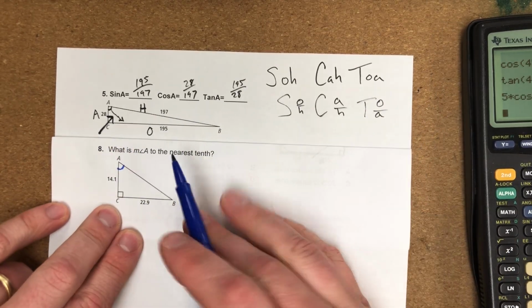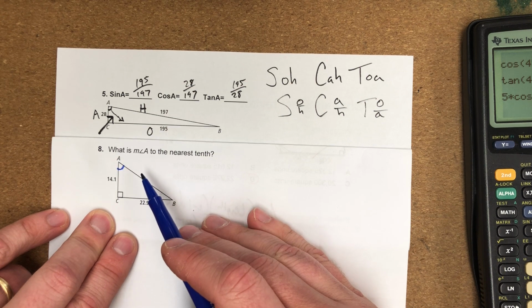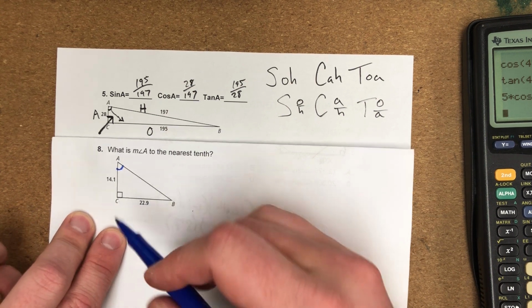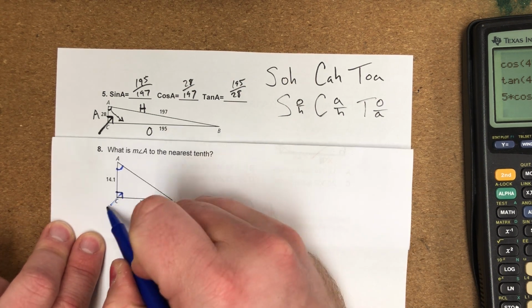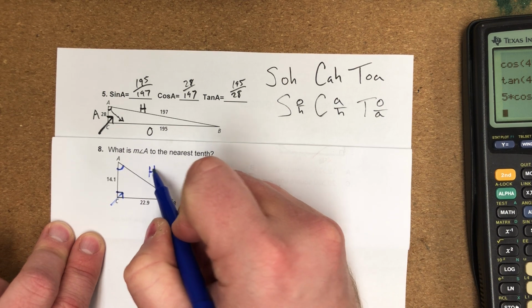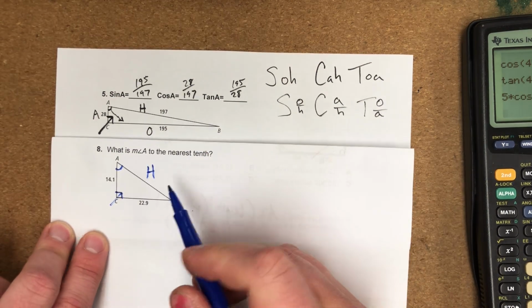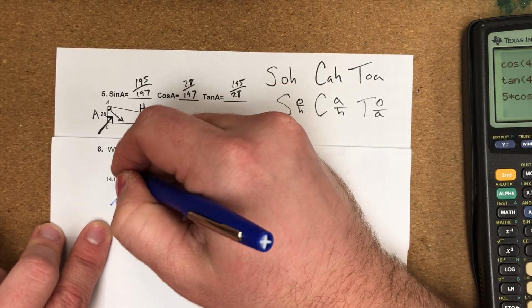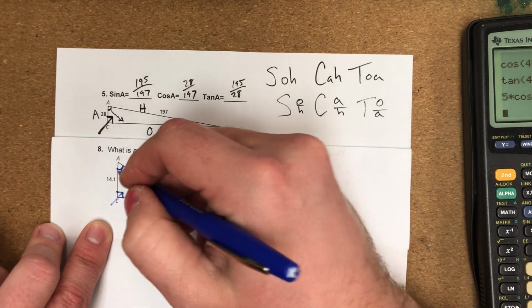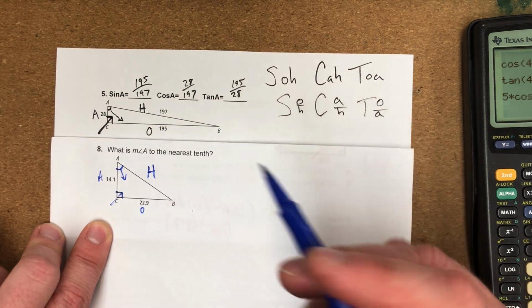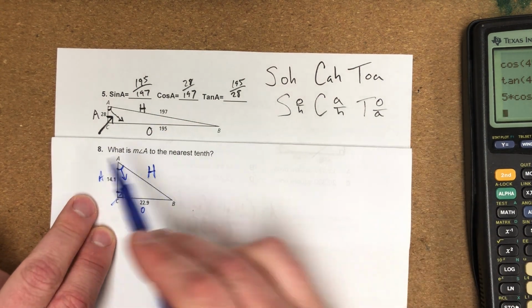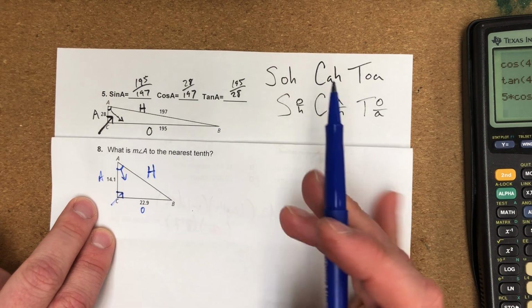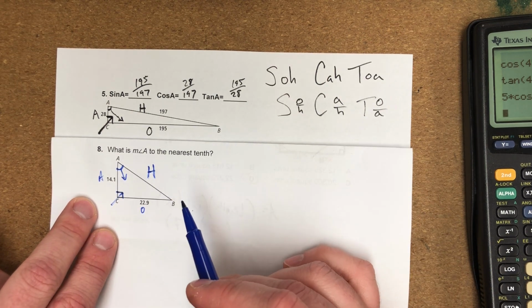So I just folded my paper a little bit. I need to figure out what the side names are. Well, I have my right angle right here. That's pointing to my hypotenuse, always. And then that leaves these two. Well, this is my angle, so that tells me then that this is opposite. And then my leftover is my adjacent. Okay, there we go. Since I'm asking for angle A, I have to do it like that. I have no choice about that.